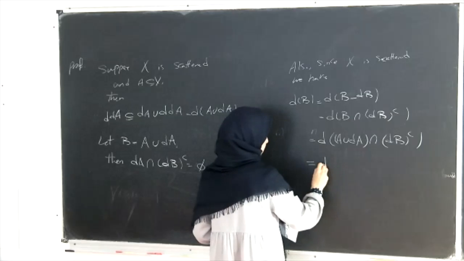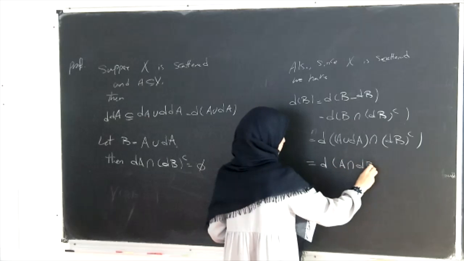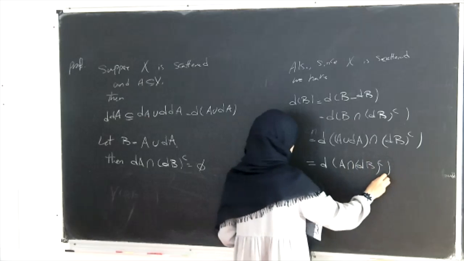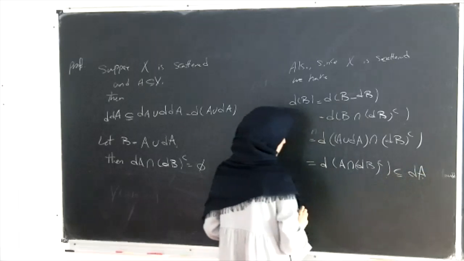So it's D of A intersection with the complement of D of B, which is a subset of D of A.